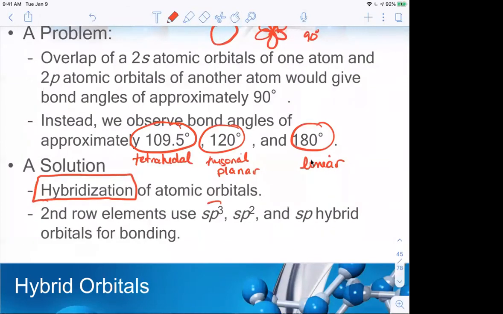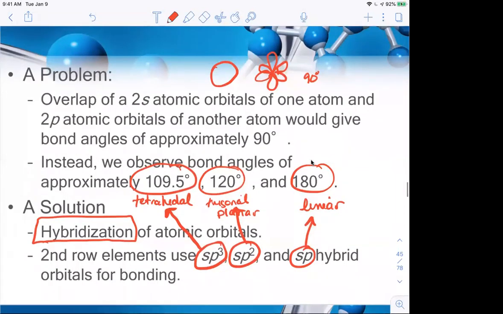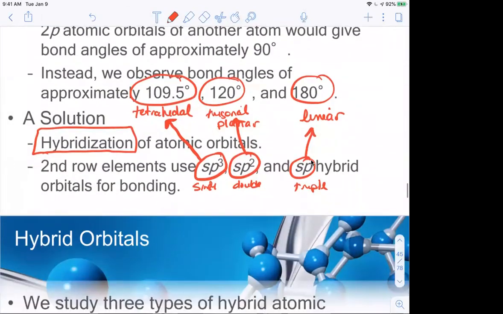So sp3 hybridization is going to account for the tetrahedral geometry. sp2 will account for trigonal planar, and sp hybridization is going to account for those linear bond angles. And again, we're really focusing on carbon. So this is going to be single bonds, double bonds, and triple bonds when I talk specifically about carbon.